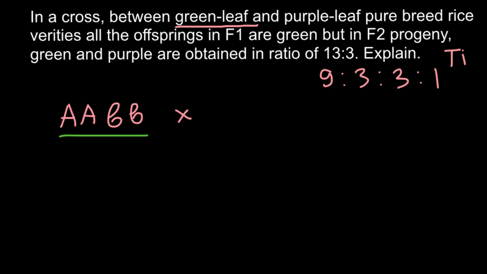So this is purple leaf, and genotype would be small a, and capital B, capital B. So we see here that gene that suppresses production of the purple color is defective, so no normal allele is produced, and in this case purple accessory pigment would be produced. So phenotype would be purple.